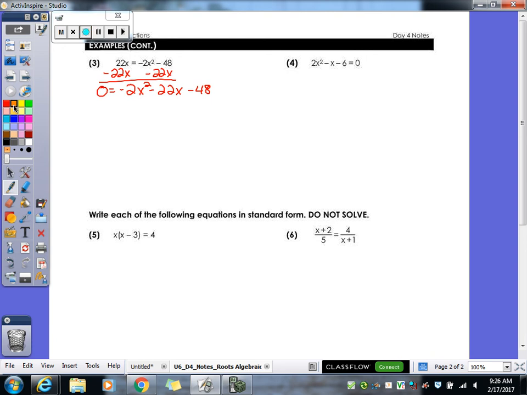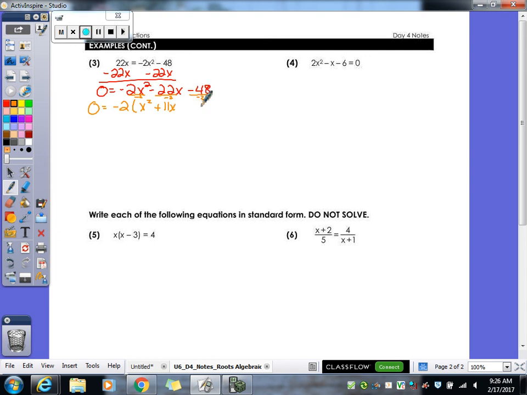So let's start factoring. Do we have a GCF? Yes, -2. We got to pull out a -2. So remember, if I divide everything by -2, that gives me x squared. Divide that by -2, what do we get? Plus 11x.